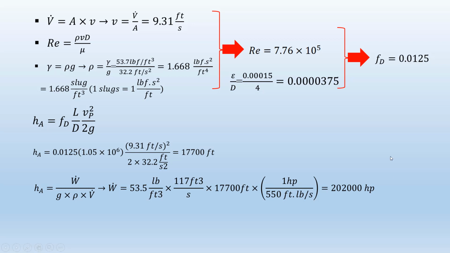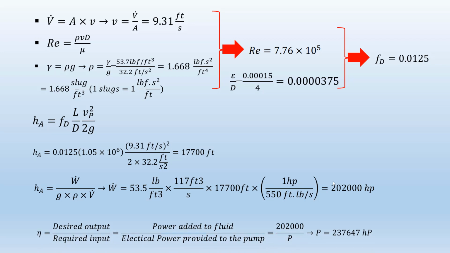Actually, this is the energy that is transferred to the fluid. But you are asked to find the actual power required for the pump. And you know that the efficiency of this pump is 85%. So you can use the definition of efficiency.